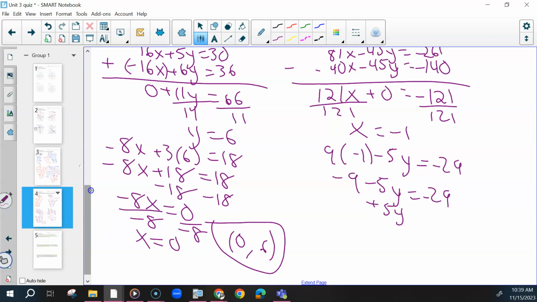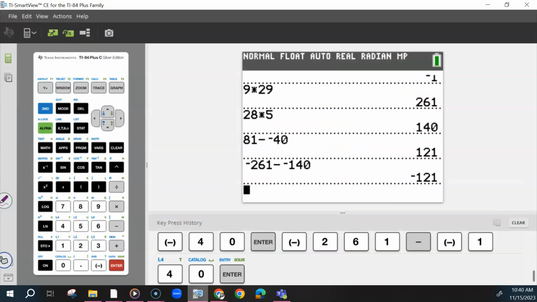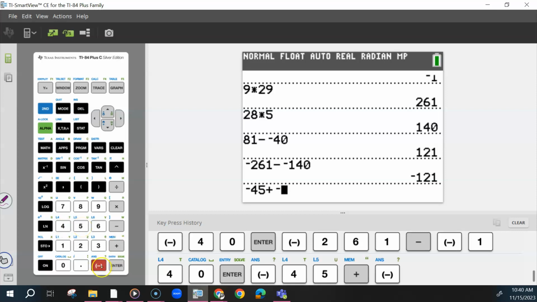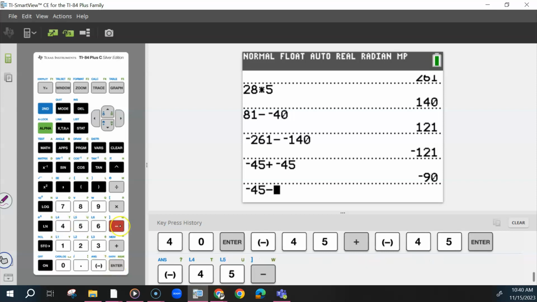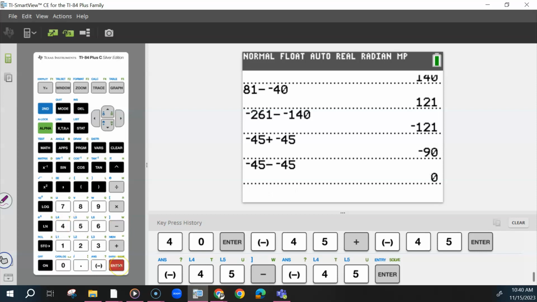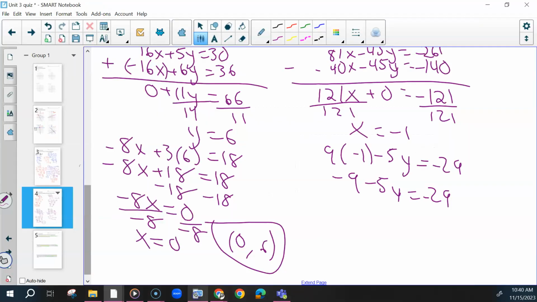Yes. But isn't one negative, so don't you add? If I wanted to eliminate negative 45, if I added them together, it wouldn't eliminate. So I had to subtract. If you're not sure, double check it in your calculator.